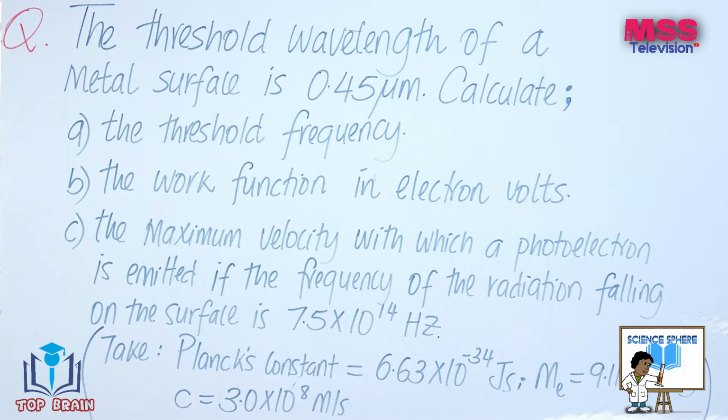Our part C of the question says the maximum velocity with which a photoelectron is emitted if the frequency of the radiation falling on the surface is 7.5 times 10 raised to 14 Hertz.